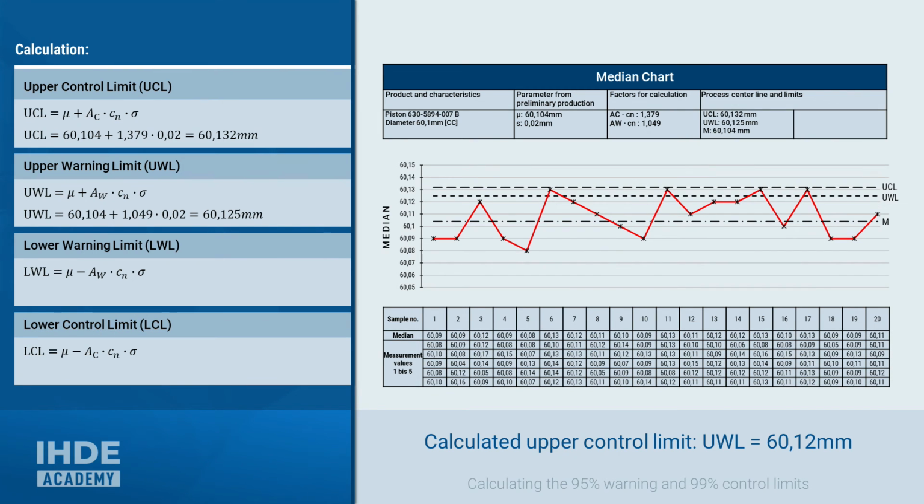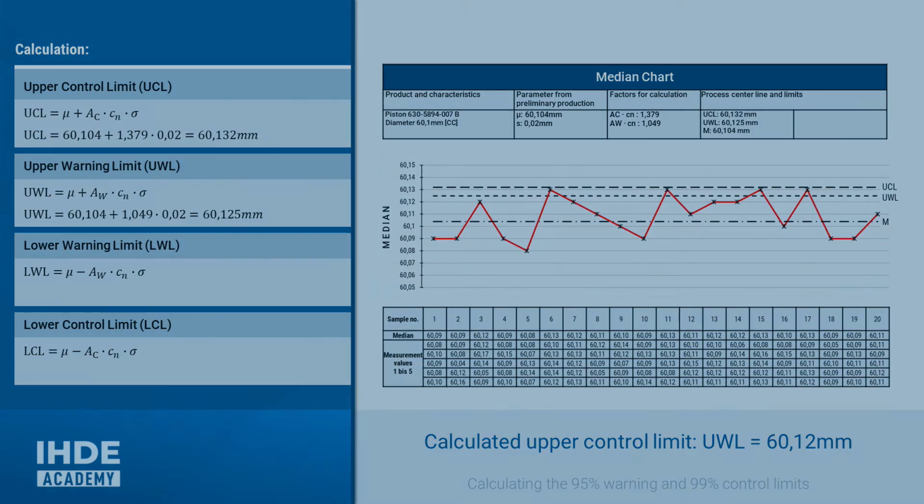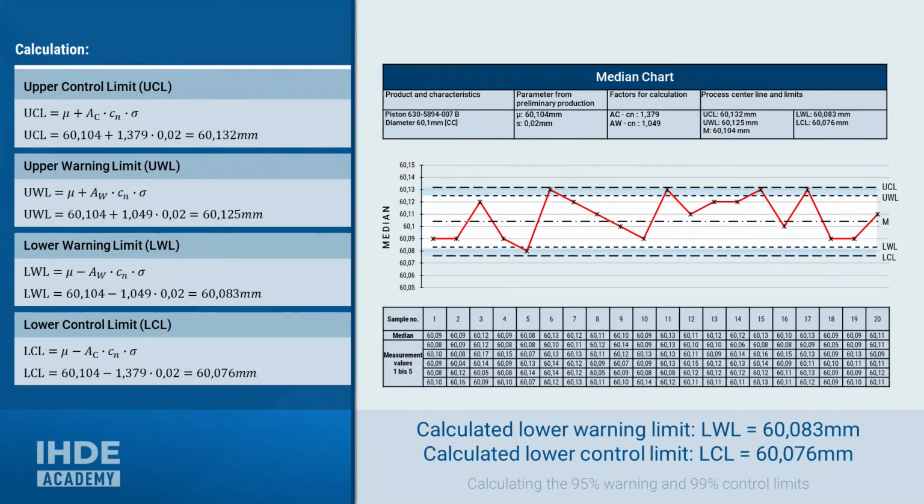This limit was also drawn on the control chart. A value of 60.083 mm then results for the lower warning limit and a value of 60.076 mm for the lower control limit. Both limits can also be found in the control chart.